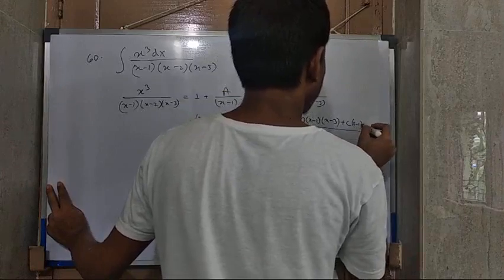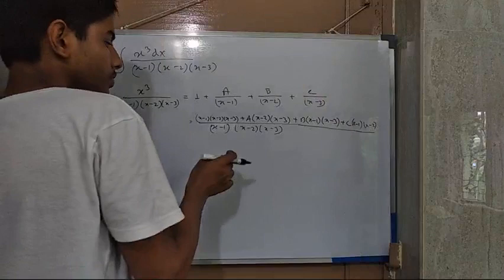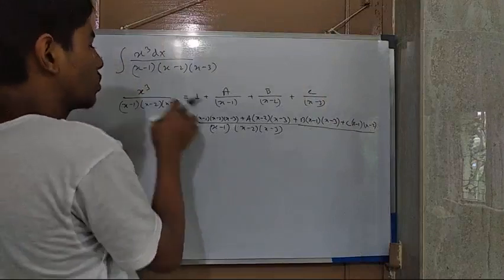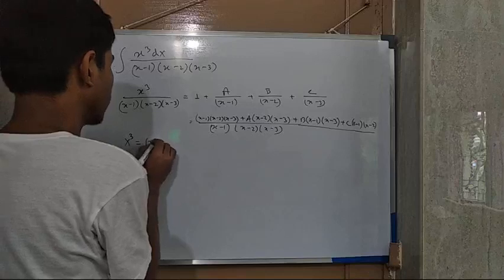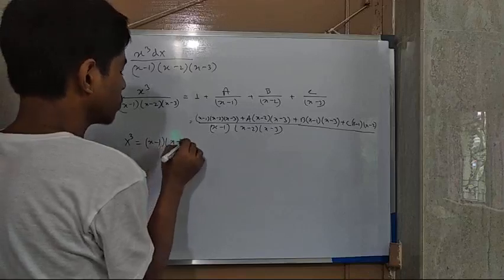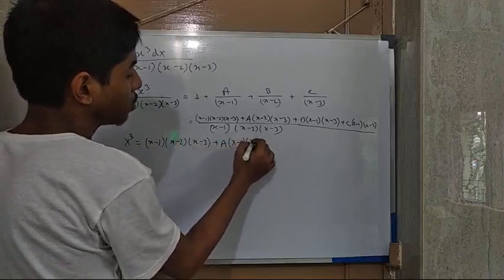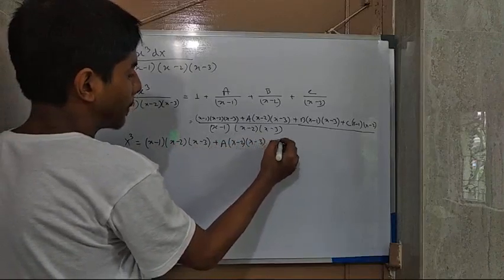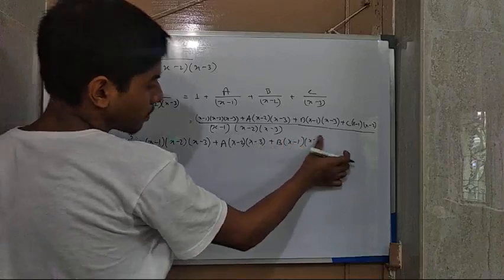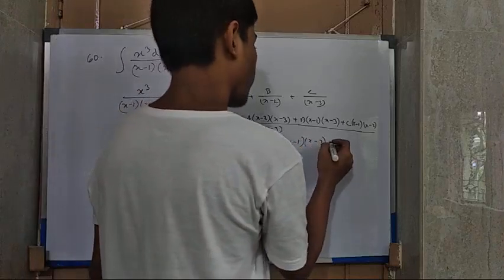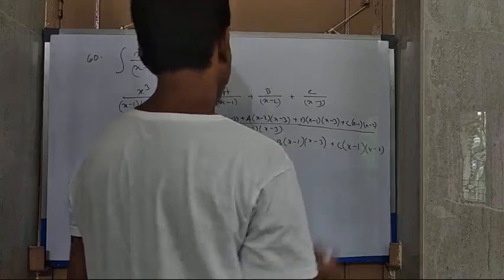So x cube is equal to (x minus 1)(x minus 2)(x minus 3) plus a times (x minus 2)(x minus 3) plus b times (x minus 1)(x minus 3) plus c times (x minus 1)(x minus 2).